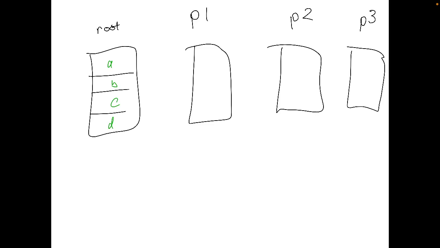Then I would have A, B here, C, D here, and then I'd have this one send it here, and this one send it here. So I needed to distribute that data to all of the different processes.